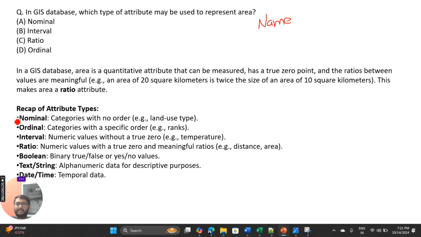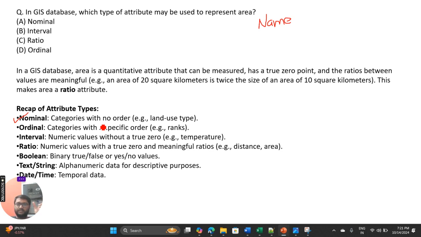In that sense, we have divided the attributes into different classes. There are classes known as nominal classes. In nominal, we have categories, but they have no order. Let's say urban area, forest area, water area. So it has different categories, but no numerical integers associated with it, and no order such as first, second, third.